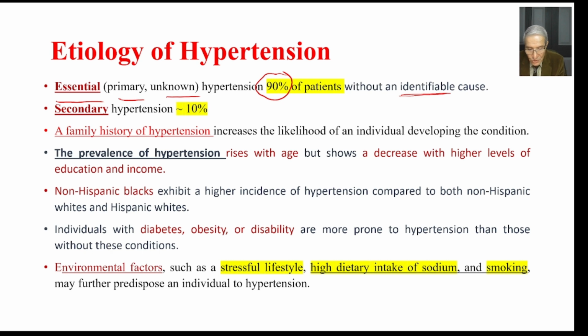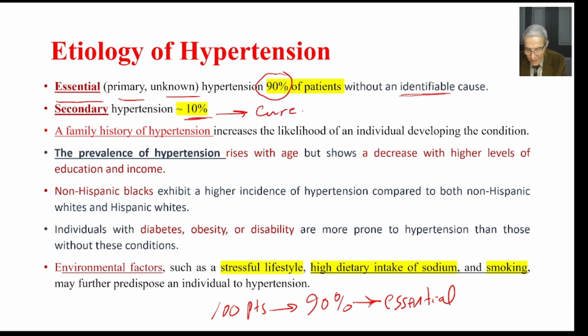Secondary hypertension, 10%. When 100 patients visit the clinic, 90% of these patients suffer from essential hypertension. 10% secondary, that means these patients could be cured from hypertension. We are going to discuss that later on.